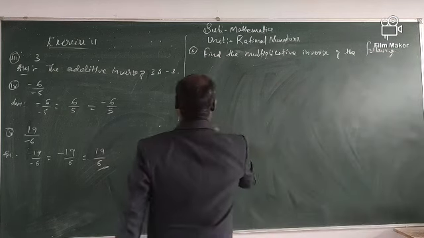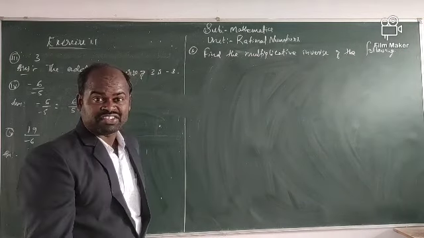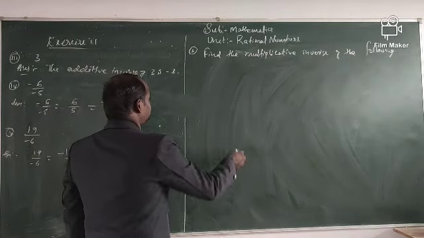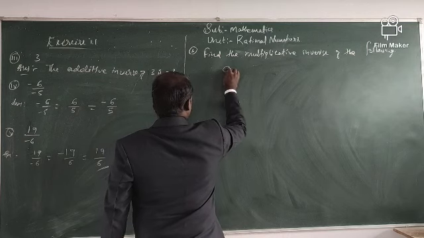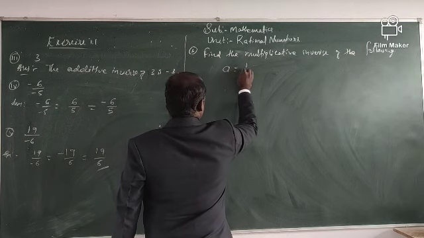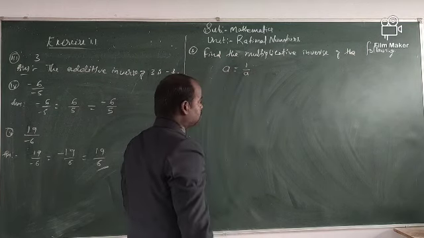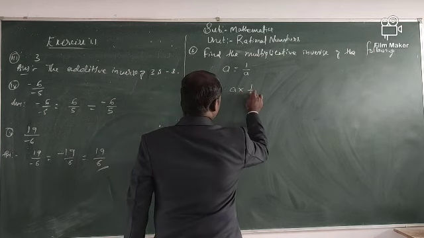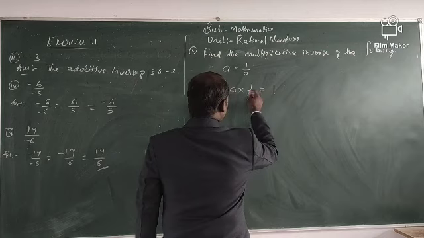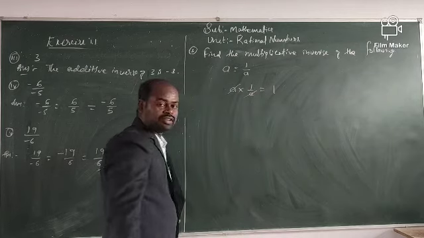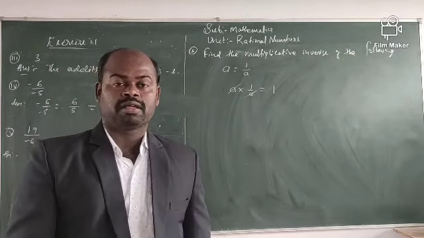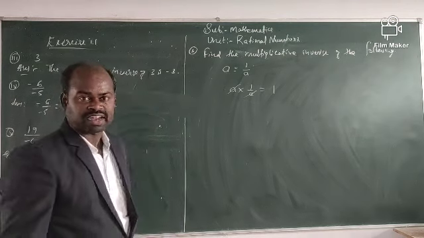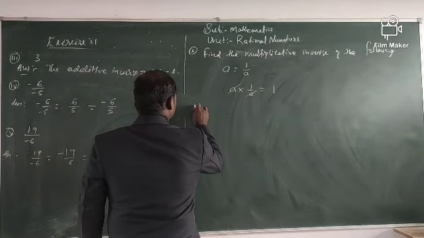First, let us see what a multiplicative inverse is. The multiplicative inverse of a is 1 by a. Understand? That means a multiplied by 1 by a is equal to 1, so a gets cancelled. Therefore, 1 by a is the multiplicative inverse. Let us see some examples on this.